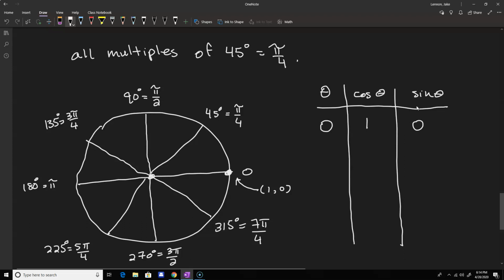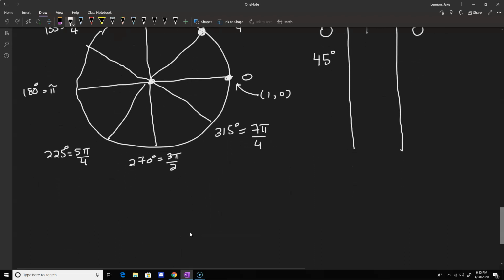So then what would we do? We would go to the next point. We want to figure out what are the coordinates of this point at 45 degrees. Well, if we form the right triangle that we talked about, by dropping the vertical line parallel to the y-axis, we get this triangle.